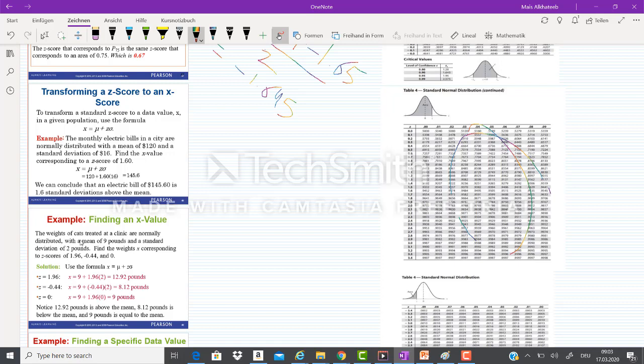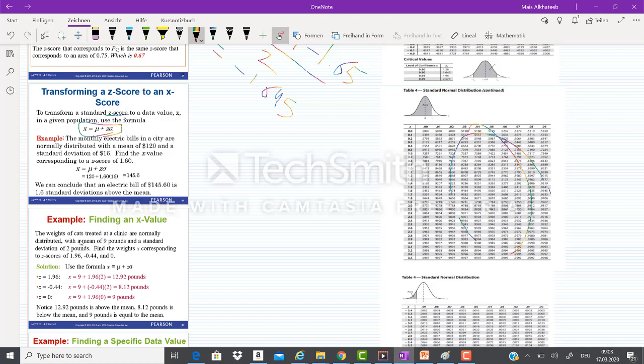Now we go to another thing. If I have Z, how do I transfer it to X? I transfer to X by using this formula, which is written in your formula sheet: X equals mu plus Z sigma.